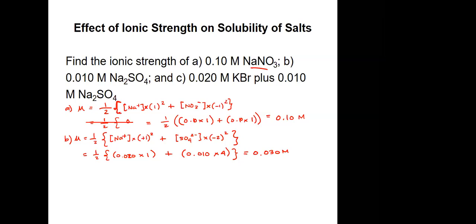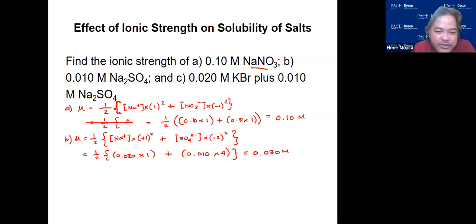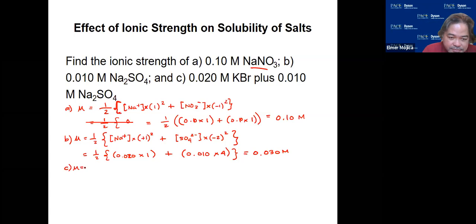Before we go to the more complicated thing in the last item. In the last item, you could see there are 2 sources of your ions. So you're just going to put everything together, and then determine the ionic strength. So you have 1/2 of everything.